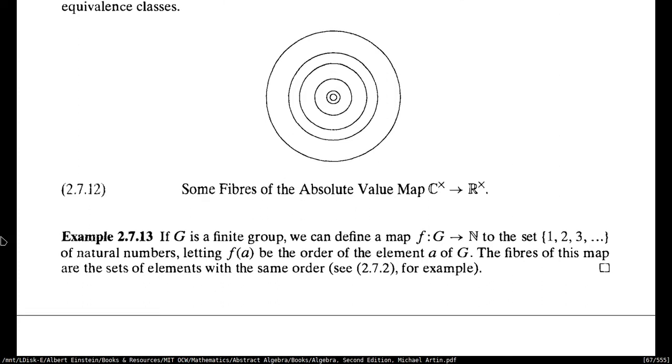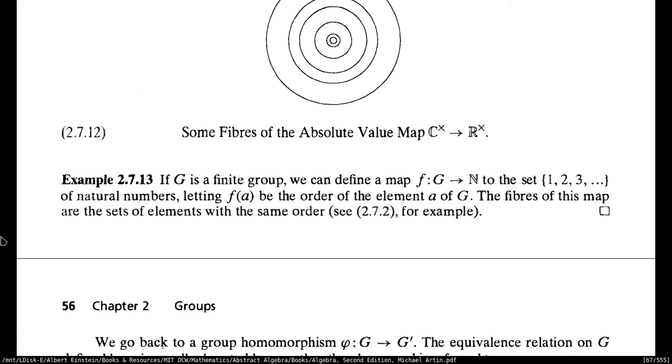Okay, so yeah, let's go through this example, and then we have some propositions on this. So if G is a finite group, we can define f from G to the natural numbers. What it does is it takes f of a as the order of the element a in the group.